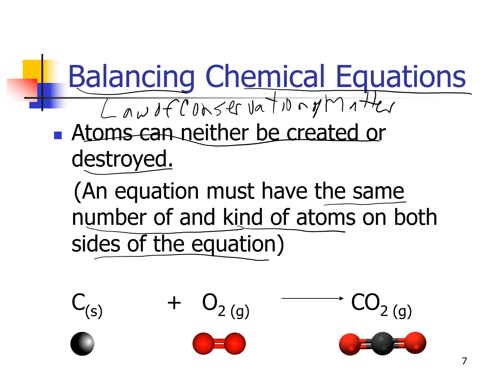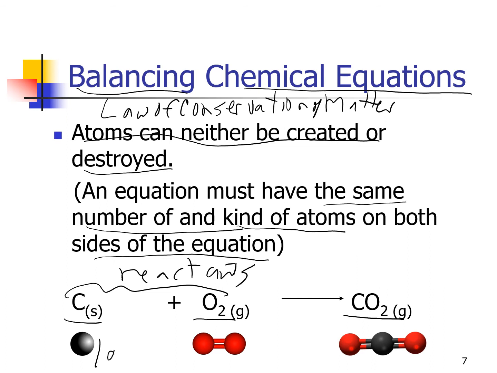For example, we have carbon plus oxygen forming carbon dioxide. On the left, in our reactants, we have one atom of carbon, and we have 2 atoms of oxygen.